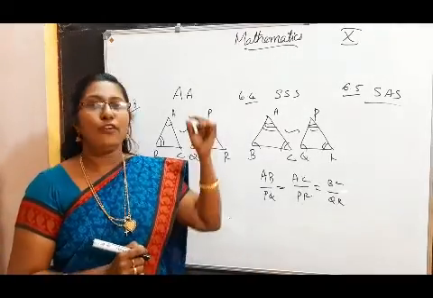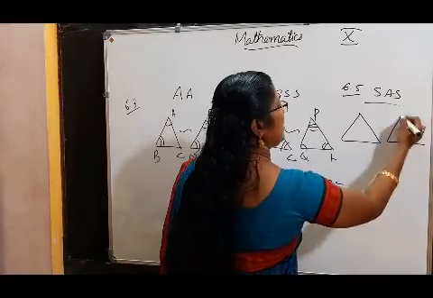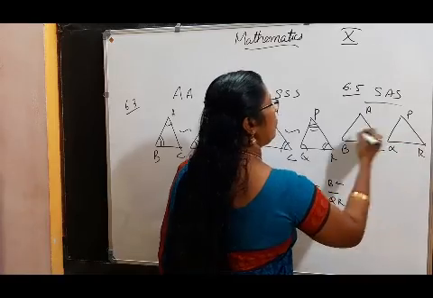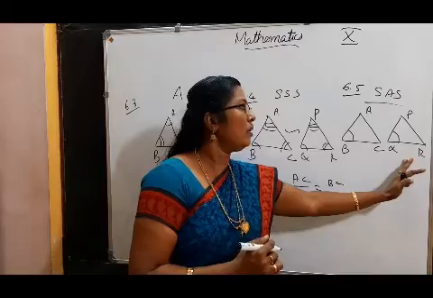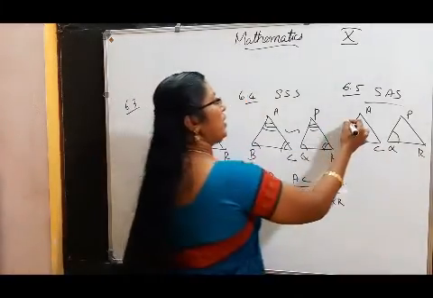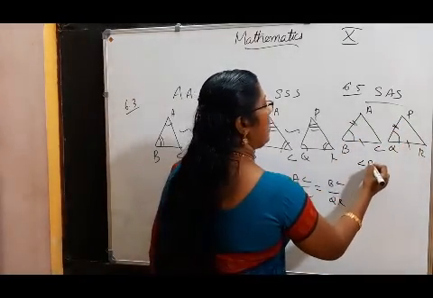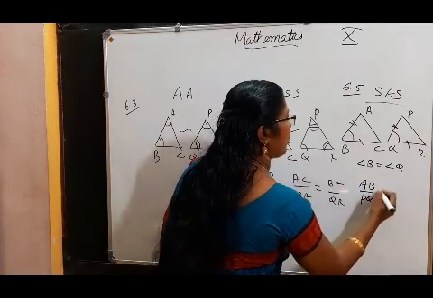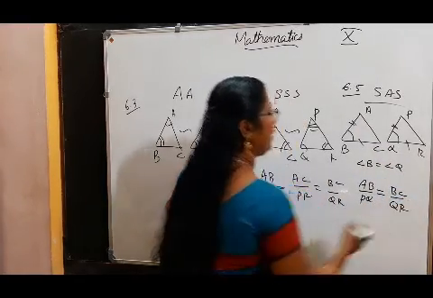I repeat, if one angle of a triangle is equal to one angle of the other triangle, in ABC and PQR, these 2 angles are equal and the corresponding sides are proportional. Here, angle B equals angle Q, and AB by PQ and BC by QR are equal.